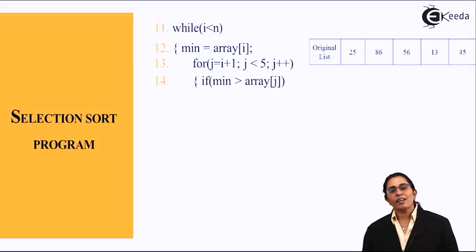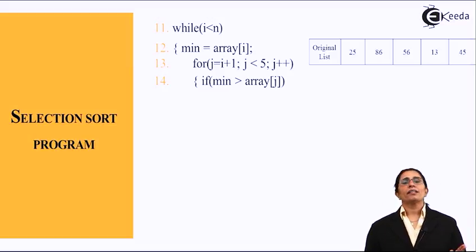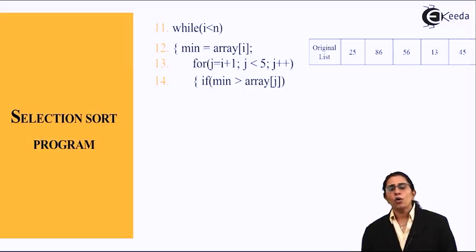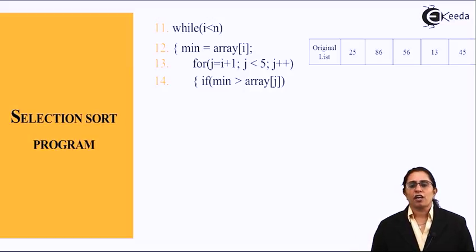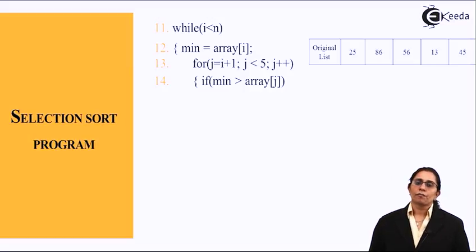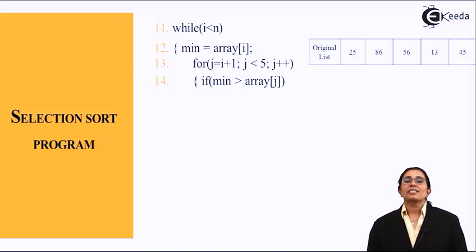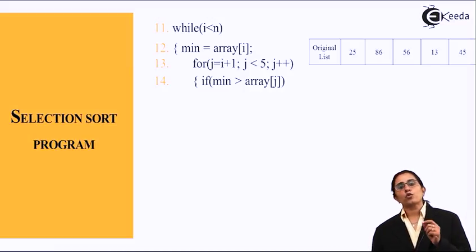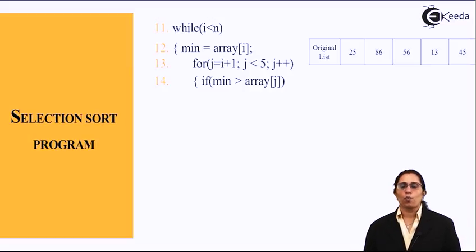So here again there is no swapping that takes place, that is, there is no exchange of values. Now as we increment the value of j, we reach a location array of j where the value stored is 13. 25 is greater than 13. So here I need to swap or exchange the two values.